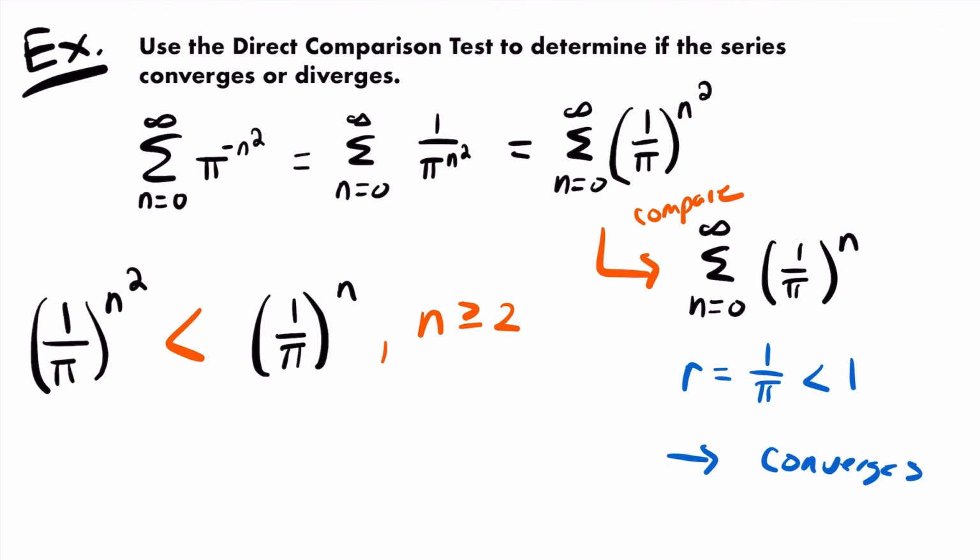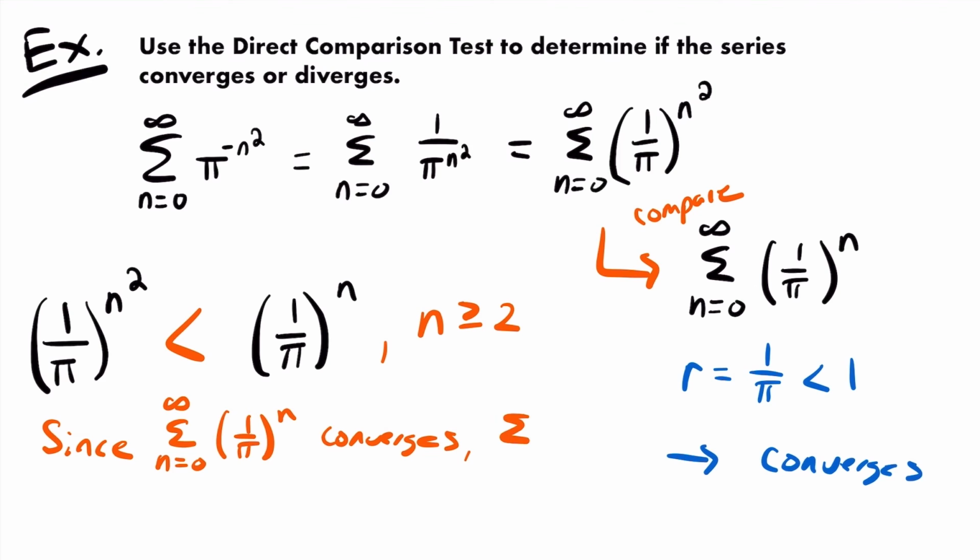Okay, and so we have shown that a series that is bigger than the original converges, and so that original series must also converge. All right, and so our final conclusion is that since the larger series, the sum from n equals 0 to infinity of 1 divided by pi to the power of n converges, then the smaller series, the sum from n equals 0 to infinity of 1 divided by pi to the power of n squared must also converge.